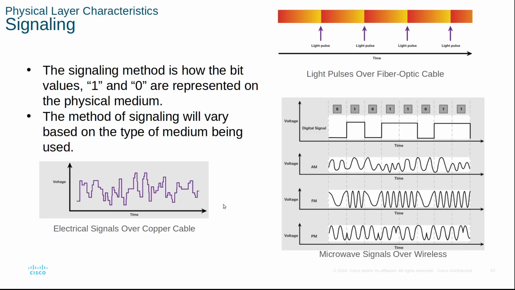If you're using copper cables, then you're using voltages. You've got peaks and valleys, right? One can represent one state, the other can represent the other state, 1 and 0. That's the great thing about binary: anything that can be used with two states can be used to represent binary.